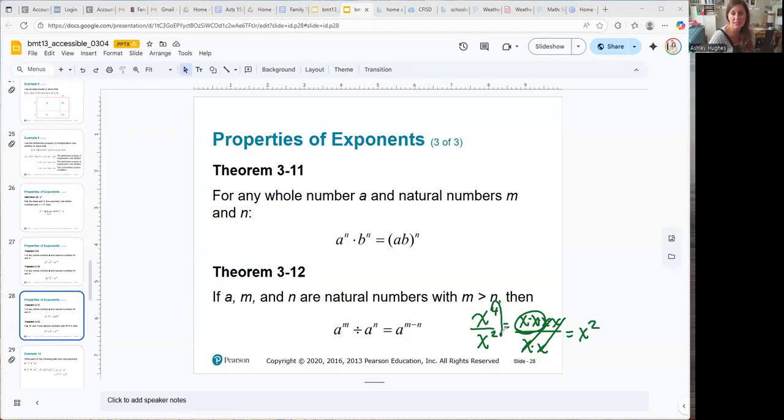But a really easy way to see that is that you subtract. So a to the n divided by a to the m is a to the n minus m. And here, this is just saying if they're both raised to the same power, you can put them in parentheses and say that the group is raised to that power. And they have to be raised to the same power to do that.